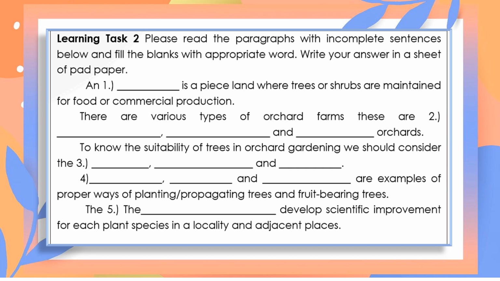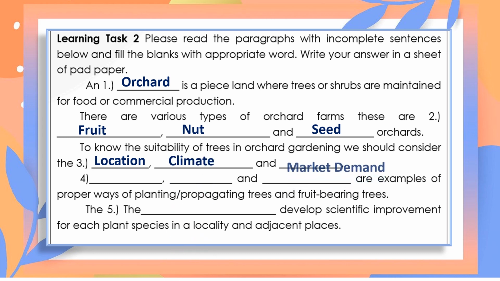So let's check, children. So what do you think is the first answer? Okay, so orchard. Next, in number 2, we have fruit, nut, and seed. Next, so to know the suitability of trees, we should consider the location, the climate, and the market demand.